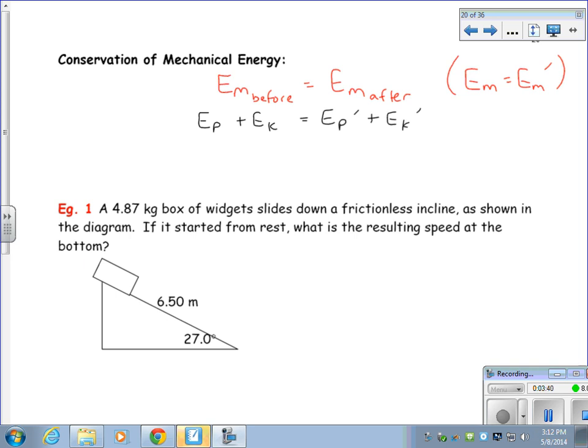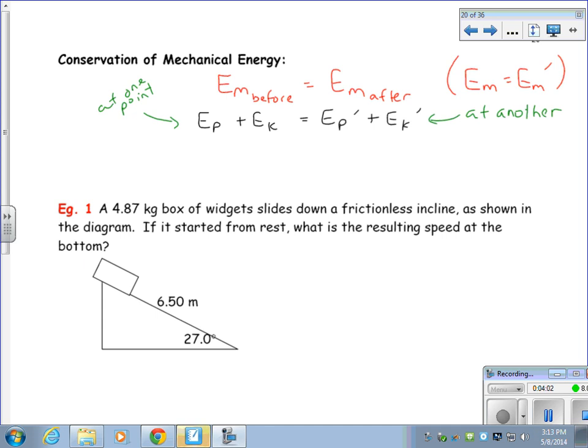So it doesn't really have to be before or after. This just is at one point. Okay, and this is at another point. So what you call before and what you call after doesn't matter. The point of this is that the mechanical energy of a system at any one point is always the same, right?